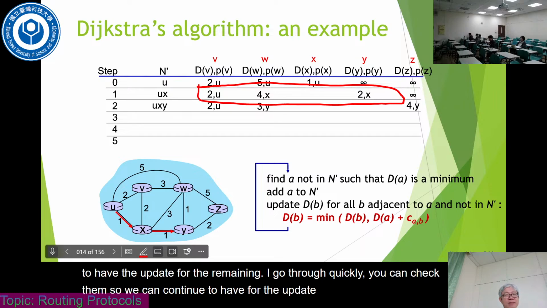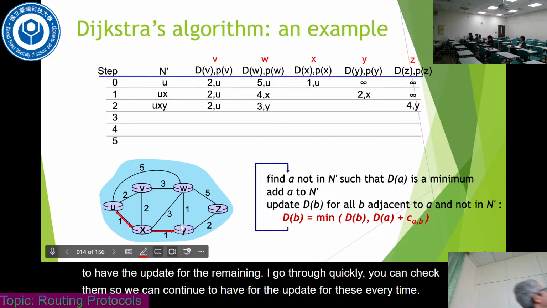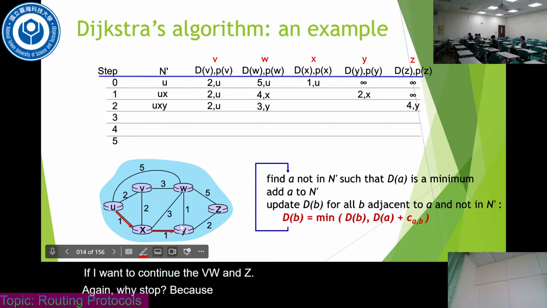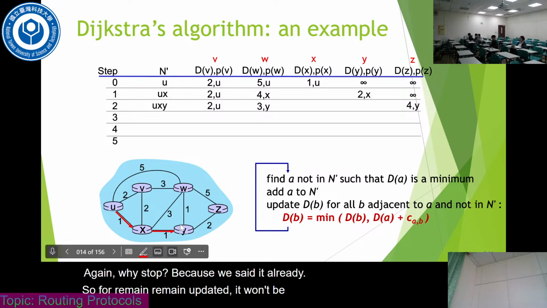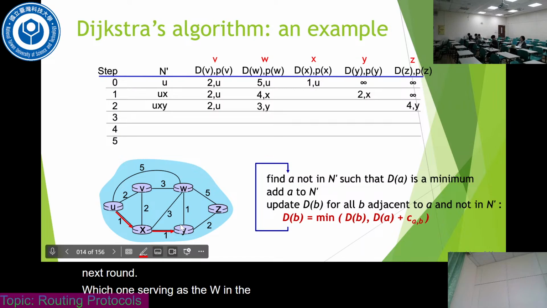And this time, if I want to continue, V, W, and Z. Again, why stop? Because we set it already. So for the remaining update, it won't be necessary. And for V, W, and Z, for the next round, which one serves as the W in the algorithm? It's V, right?